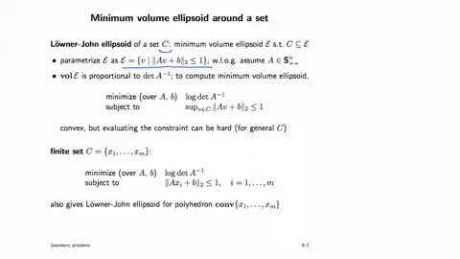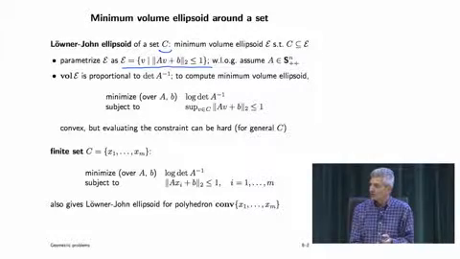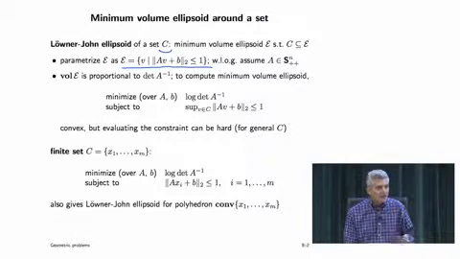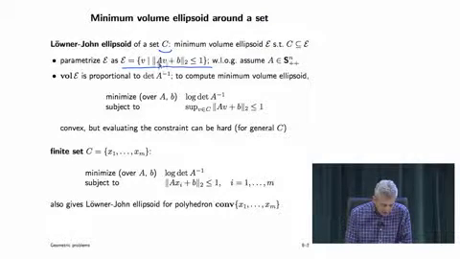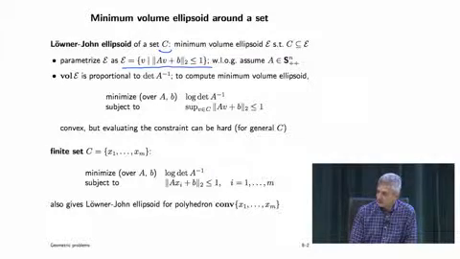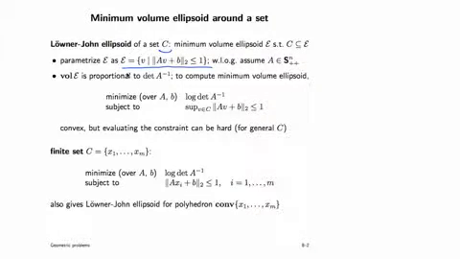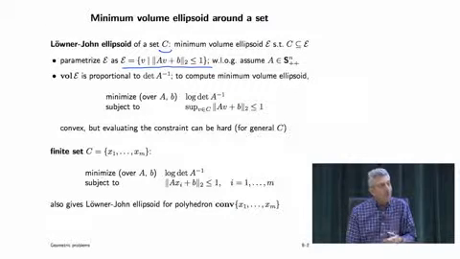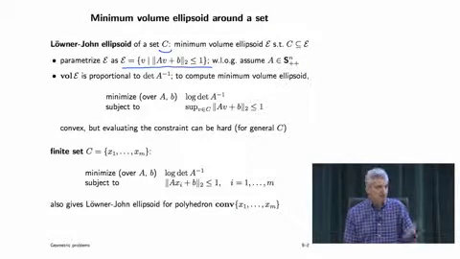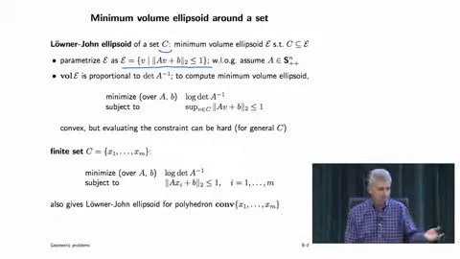Okay. Now, the argument there, I'm just going to go over it very briefly here. So this is going to be a little obscure, but hopefully you can follow. The argument is this. Here, I can multiply A and b on the left by any orthogonal matrix, and it will define the same ellipsoid. Everyone agree with that? Because it doesn't change the norm. But if that's the case, I can take an arbitrary non-singular matrix, multiply on the left by an appropriate orthogonal matrix, and make it symmetric positive definite, right?